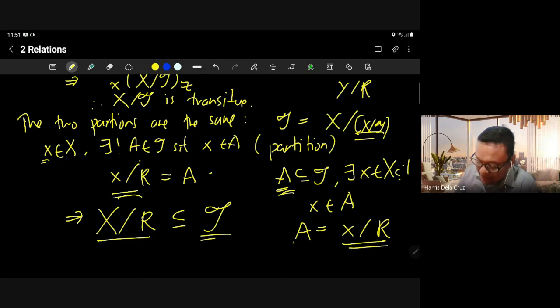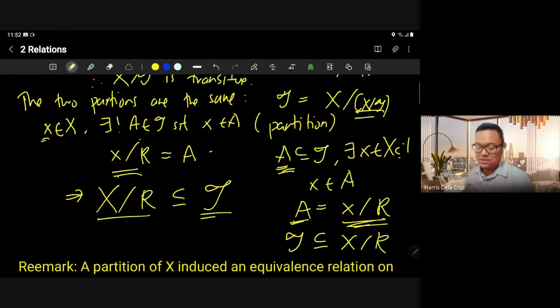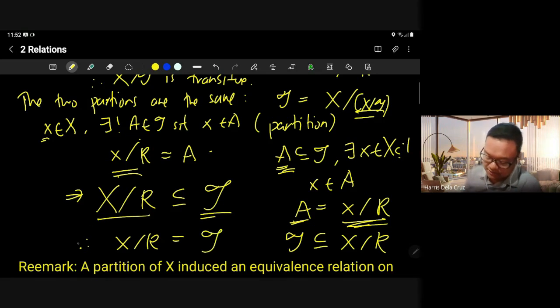Lahat ng laman ng partition, laman din ng equivalence class. So, meaning, equal sila. So, therefore, yung X modulo R, yung mga equivalence classes of R ay same as the partition T. Yan.